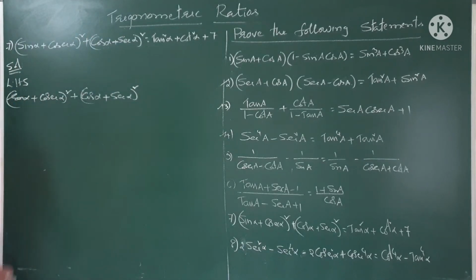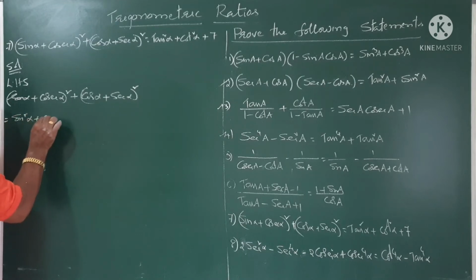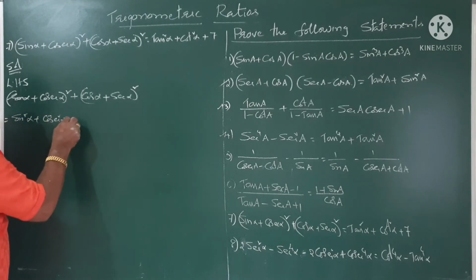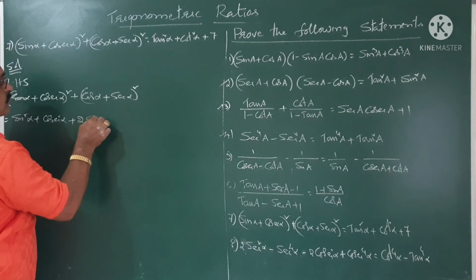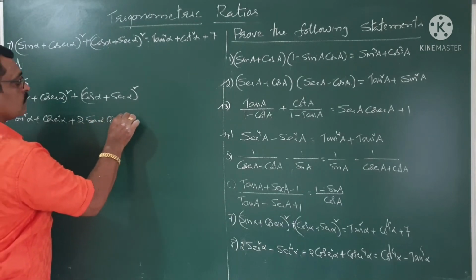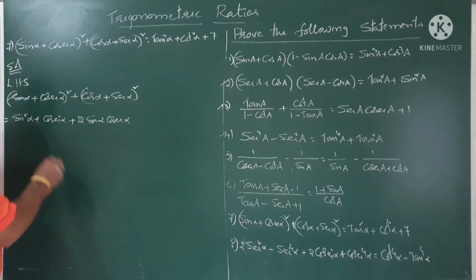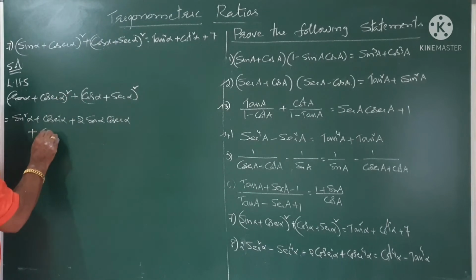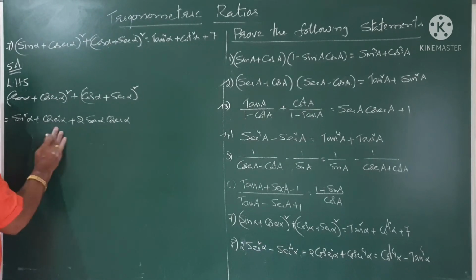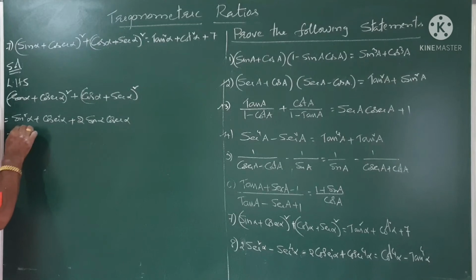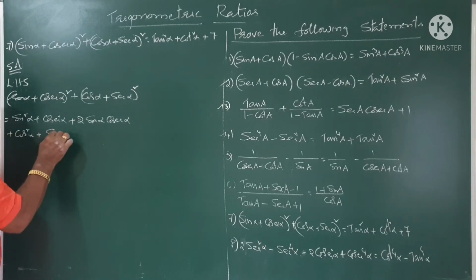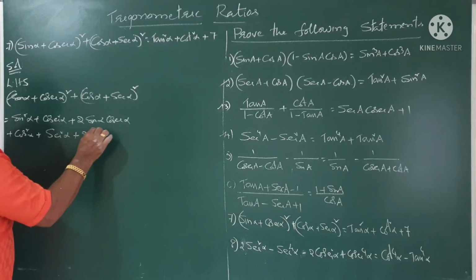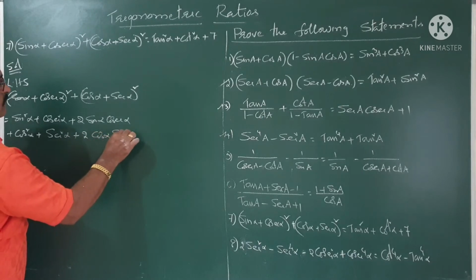Instead of that, straight away I open the bracket by using the a plus b whole square identity. So we have sine square alpha plus cosecant square alpha plus 2 sine alpha cosecant alpha, plus cos square alpha plus secant square alpha plus 2 cos alpha into secant alpha.